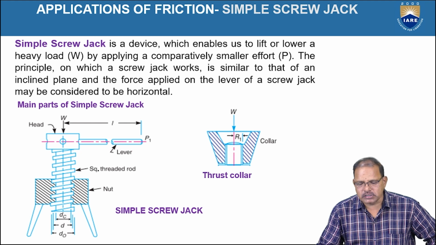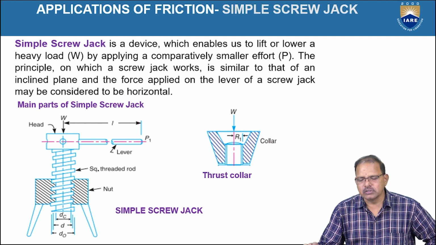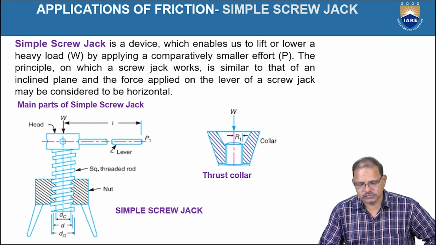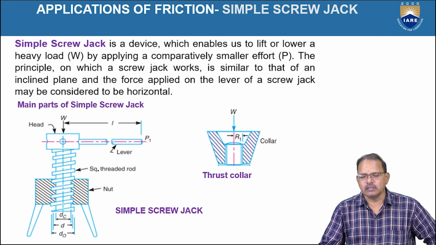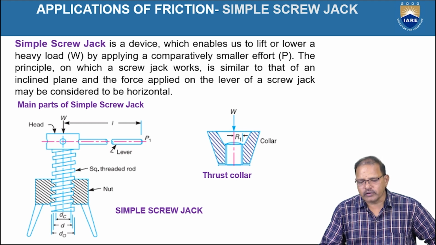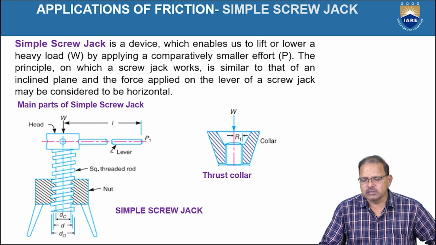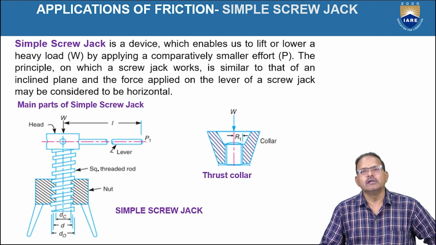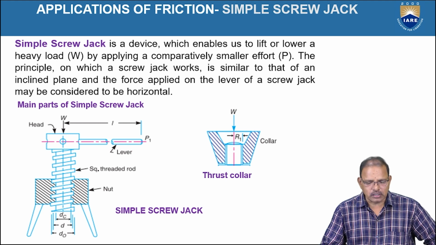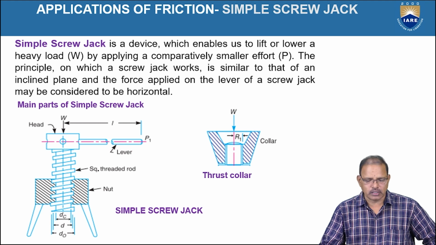The third application is the screw jack, that is screw friction. The application of screw friction is a device called the simple screw jack. The simple screw jack is used to lift heavy loads by applying a lower load at the end of the lever, as shown in the figure.